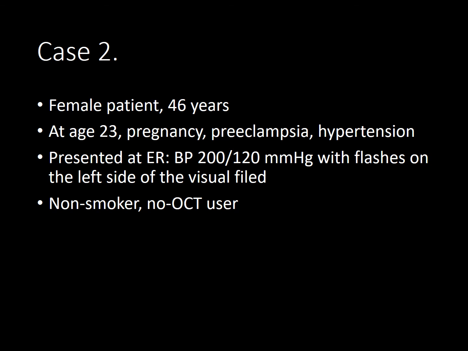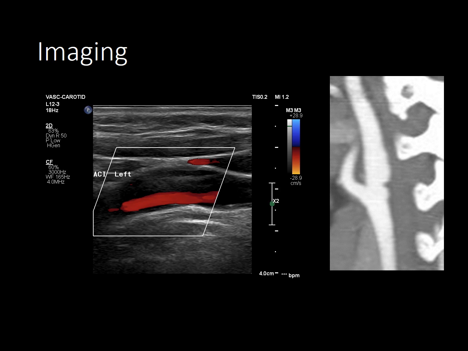Nowadays, she presented at the ER due to increased blood pressure of 200 over 120 millimeters of mercury with flashes on the left side of the visual field, and she was a non-smoker and no OCT user. However, the imaging revealed a carotid web confirmed by CT angio.